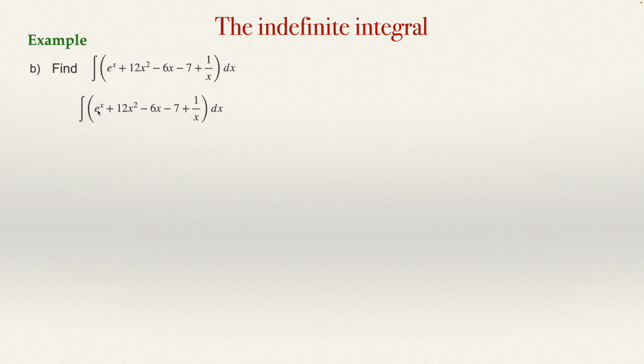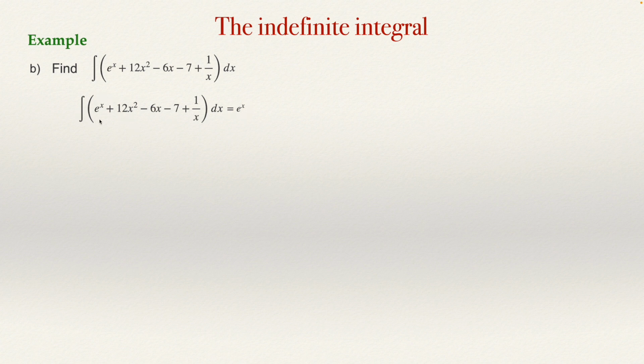I'm going to see the rule of integrations, and I notice that the integral of e to the power x is e to the power x. So this is a function in which the derivative is the same function. Of course, the antiderivative is the same function. So it will be then, as the first function, e to the power x.